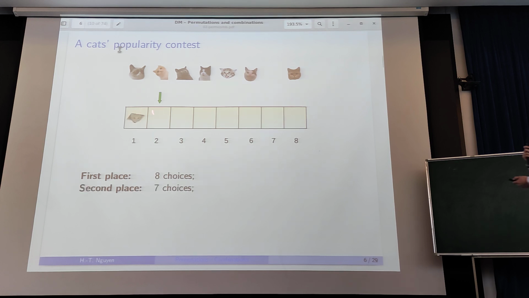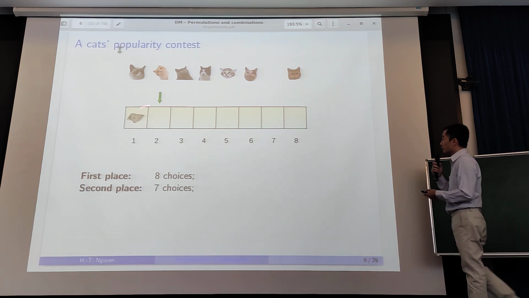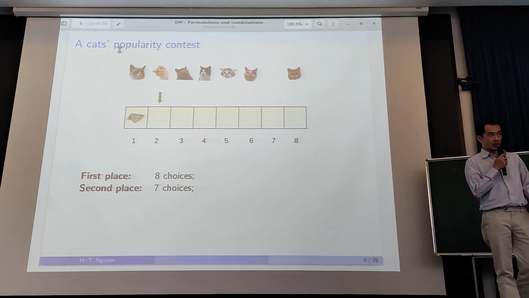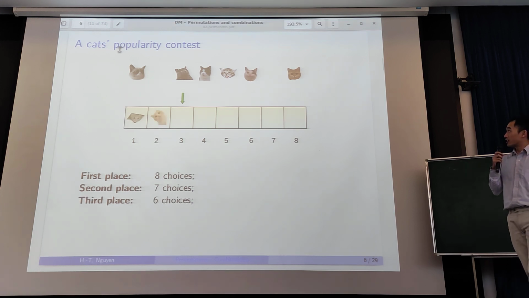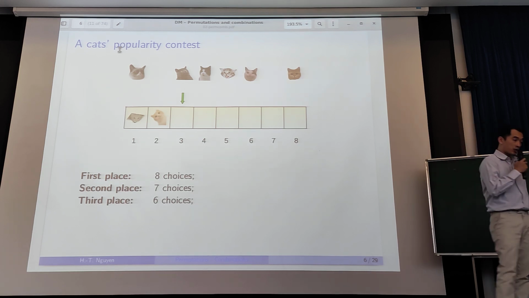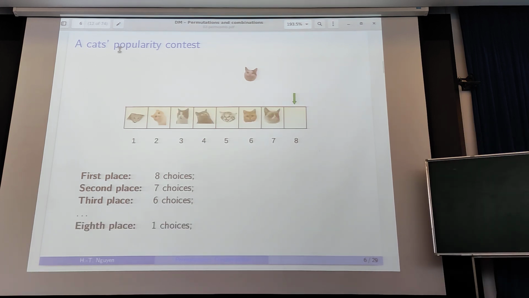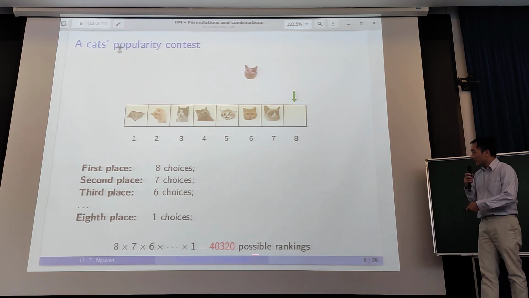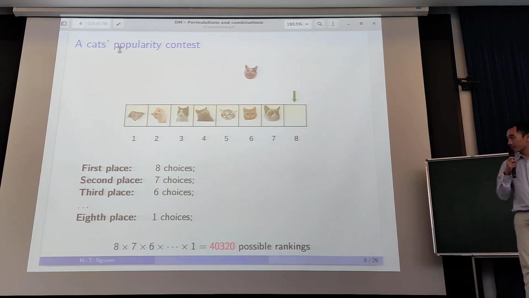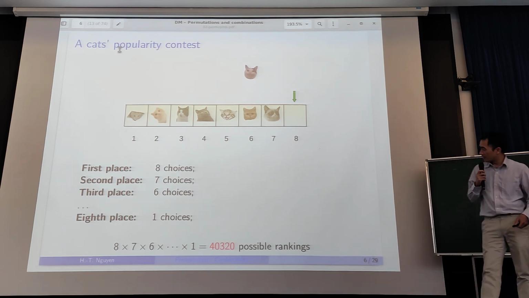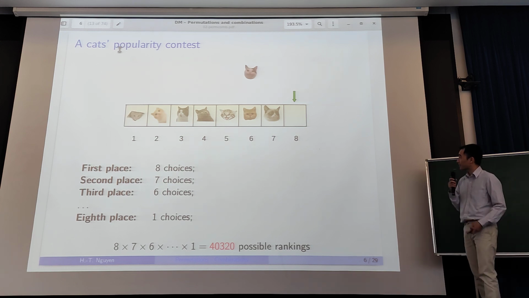So and we suppose that we choose this one, so the first slot. Then there are 7 available cats for the next, and so on. And for the third place, you have 6 available choices, and finally, by the product rule that we saw last week, we have this many possible rankings. Okay, so we calculate the product of the numbers from 8 down to 1, which gives us roughly 40,000 something. Okay?